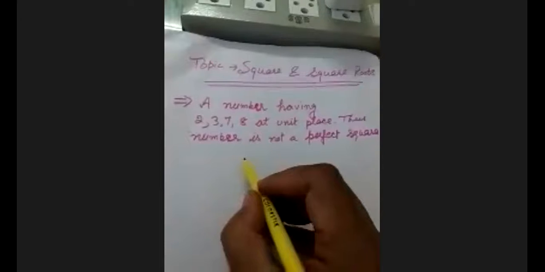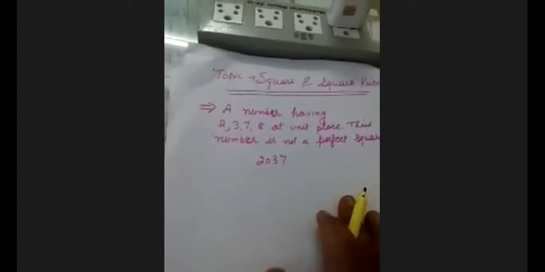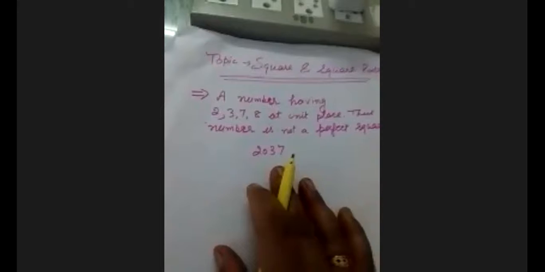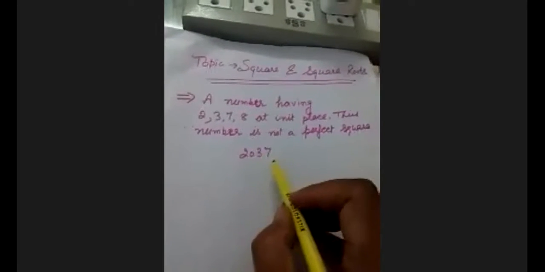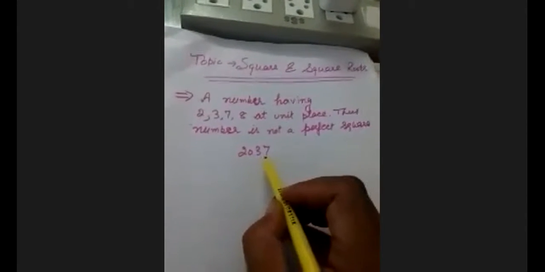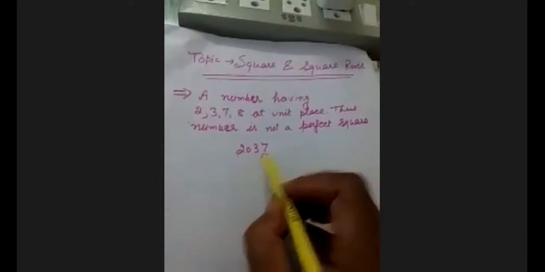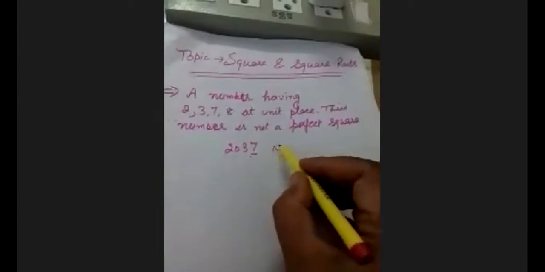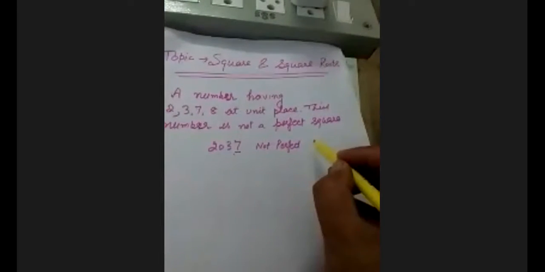For example, we have the number 2037. Now check the last digit at the unit place, it is 7. So it means 2037 is not a perfect square.